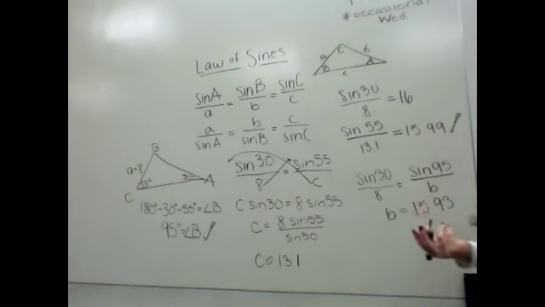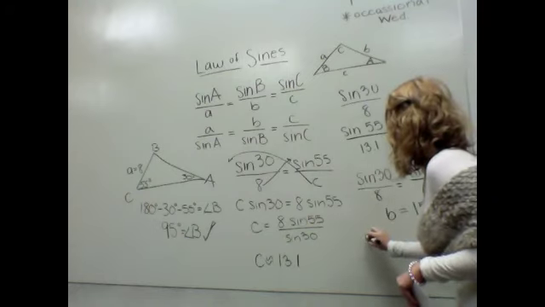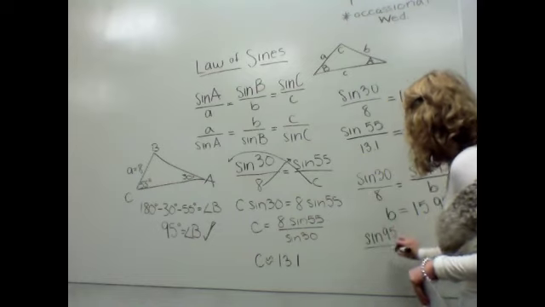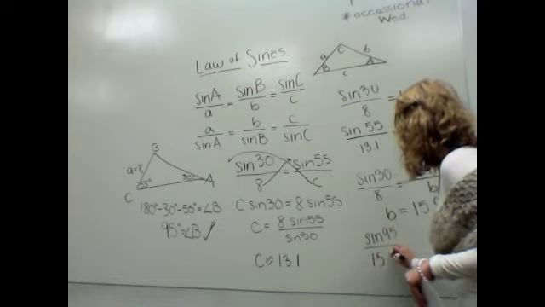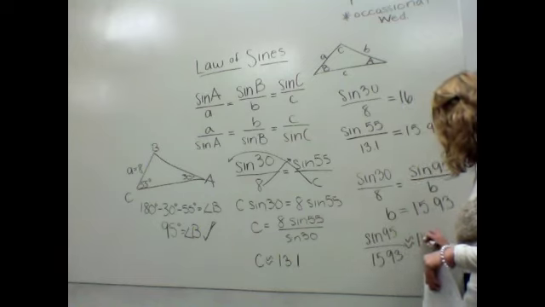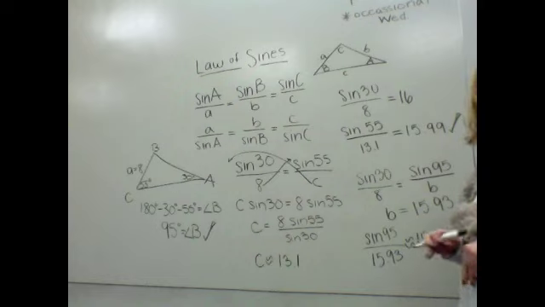My last step, of course, is plugging this back into my ratio like I did before. So sine of 95 all over about 15.93. And again, I know I'm rounding, so this is approximately 15.99. Again, I'm very content with these results. I would say my ratio worked here.